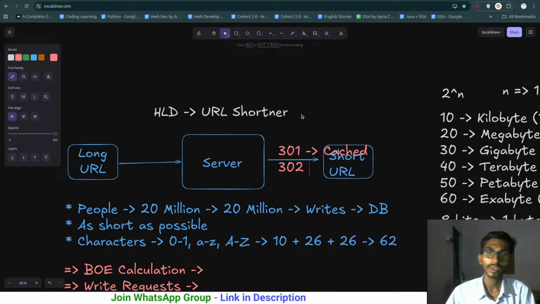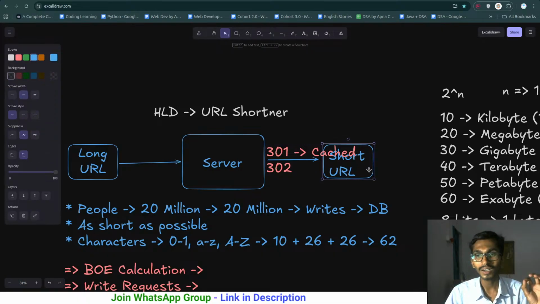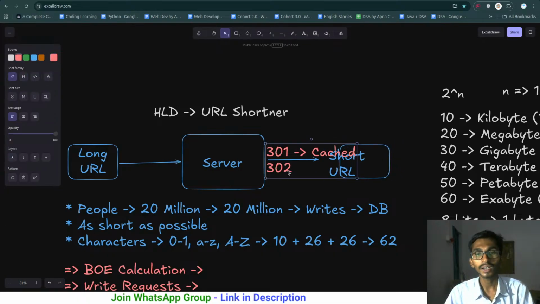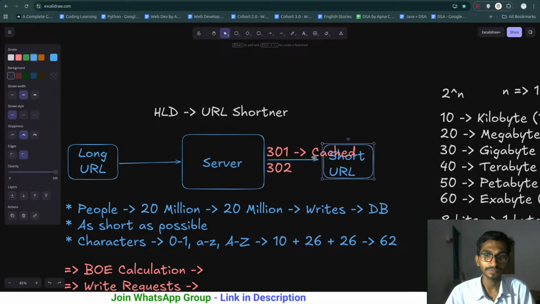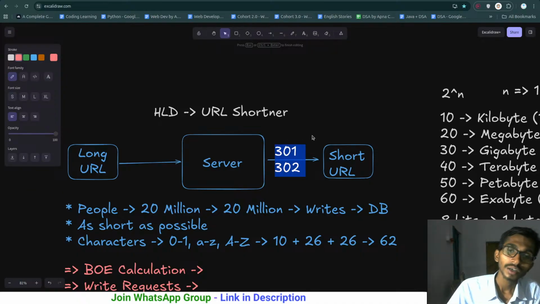So 301 means the data is going to be cached on your browser, and 302 means it will not be cached. Most of the time people use 302, because if you cache the data on someone's browser, whenever they use this short URL, the request will not come to your server, right? The server that you have created, you want the request to go through that server. Why? So that you know about the usage of the users, how many users are using your service.